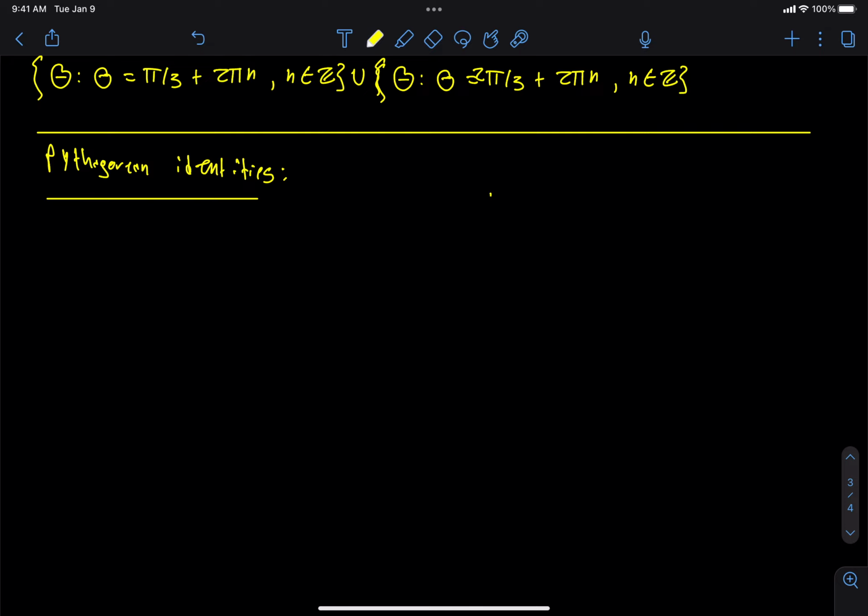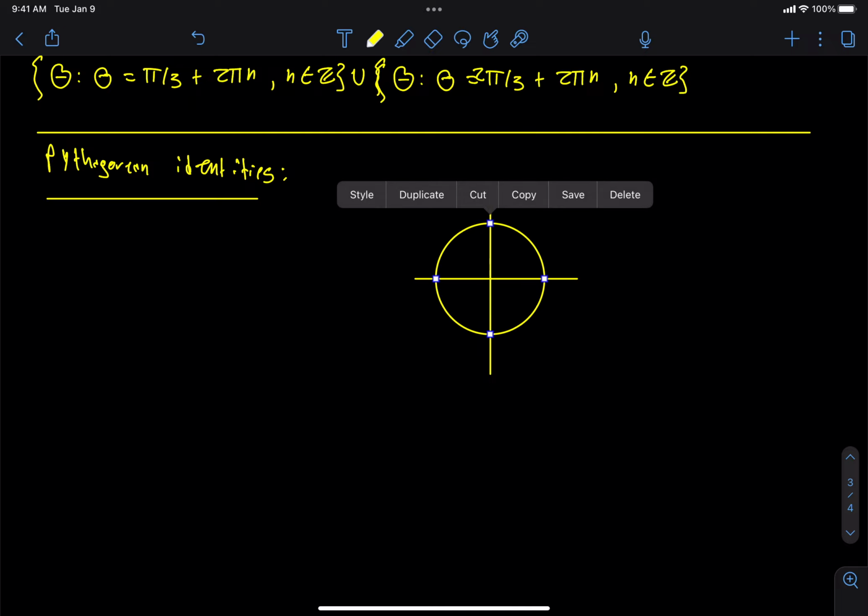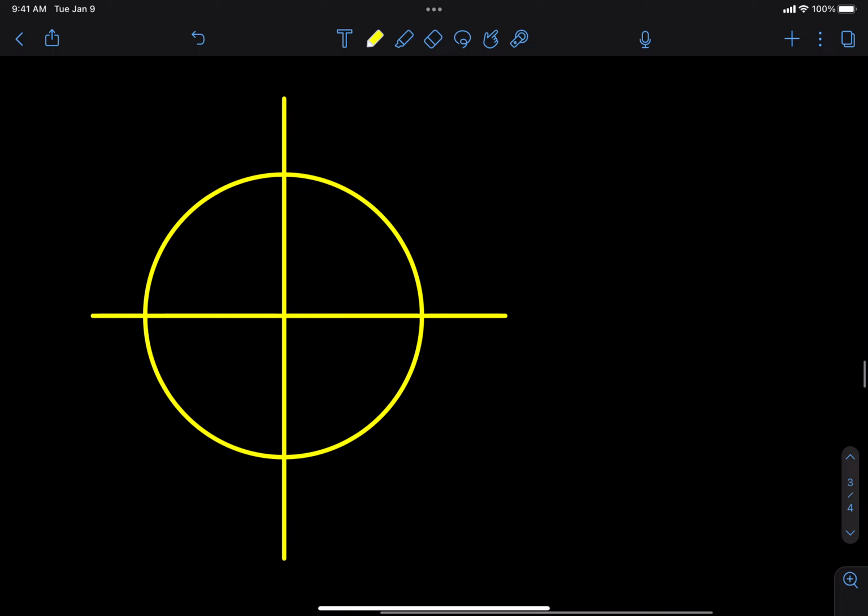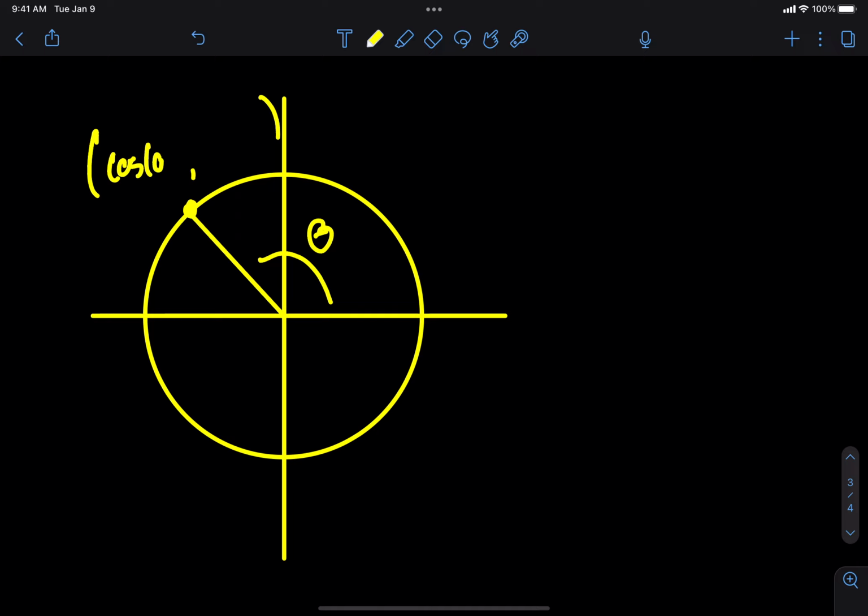So the big one is that if you have a unit circle, and you take a look at a point on the unit circle, let's put an angle in here. Just for the hell of it, let's draw it over here this time. Here's an angle theta. You know that this point has coordinates given by cosine of theta and sine of theta, yes? Do we agree on this so far?